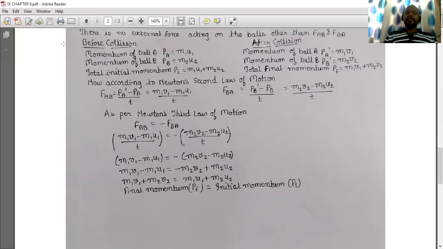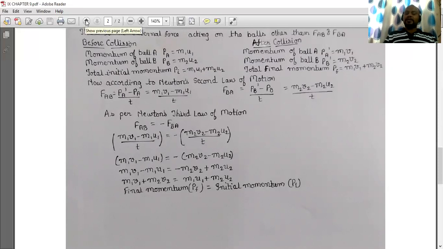Bringing the final velocities and initial velocities together, we get m1v1 plus m2v2 is equal to m1u1 plus m2u2. That is, final momentum is equal to initial momentum, which suggests that in the absence of external force, the momentum of the body after collision and before collision remains the same.